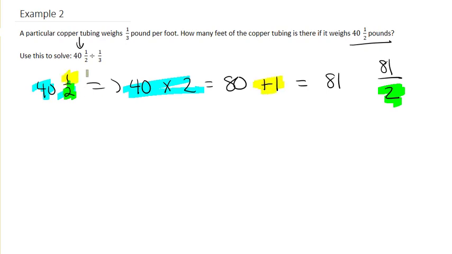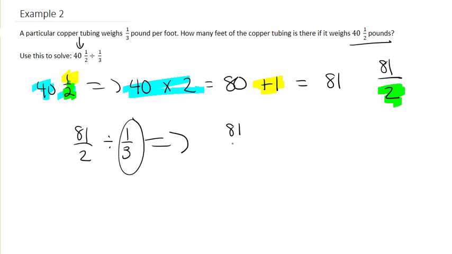So we're left with 81 over 2, because we want to keep the same denominator. Now we can go 81 over 2 divided by 1/3. Remember with division, we can make it a multiplication by taking the reciprocal of the second number. So now we become 81 over 2 times 3 over 1.